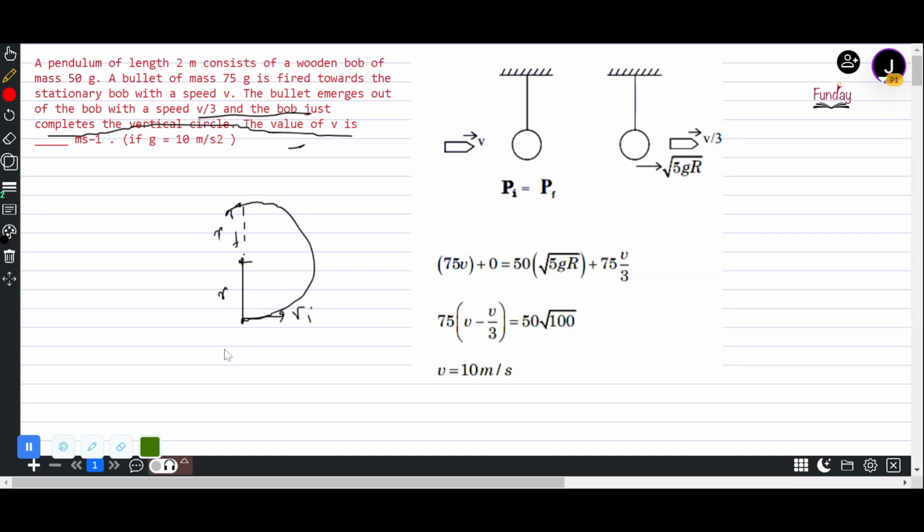V initial. Now the only energy it has is kinetic energy. On top, presuming it has a speed V final. So V final has to be enough to provide centripetal force, which is being given here by the mass. And then there is another force acting on it, which is tension.